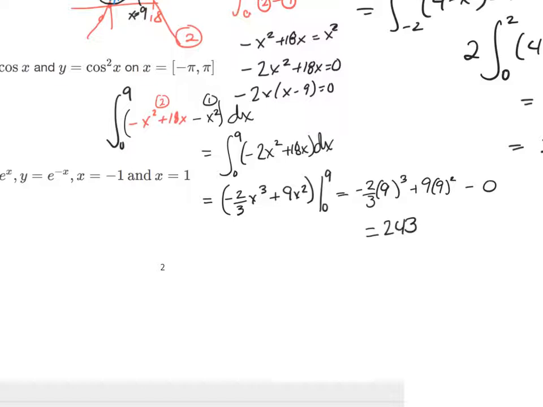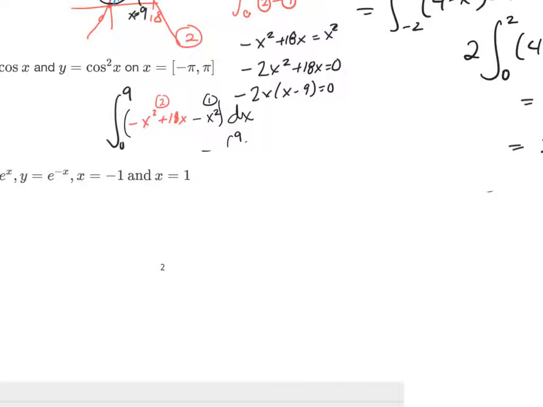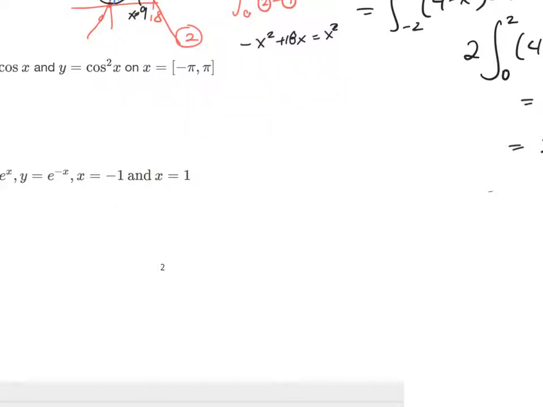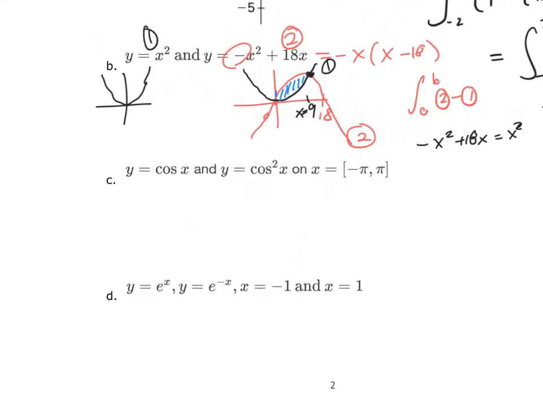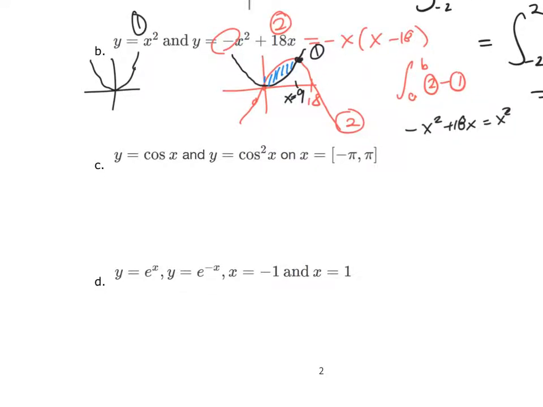Okay, so when we take a look at cosine and cosine squared, just need to erase this so I have room. Once again, I'm going to try to determine who is above the other, and they're actually giving us our integration. So we're going from negative pi to pi. So I know what the cosine wave looks like. If I end at 2 pi, here's pi, and here is pi over 2.